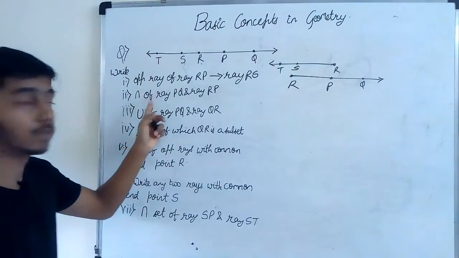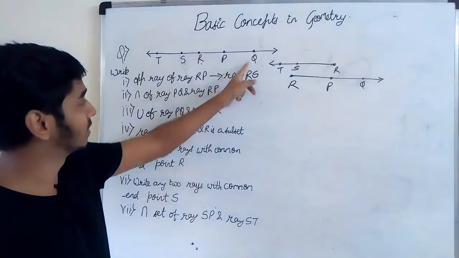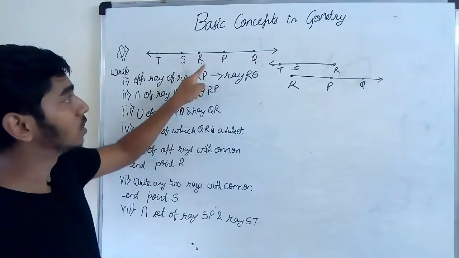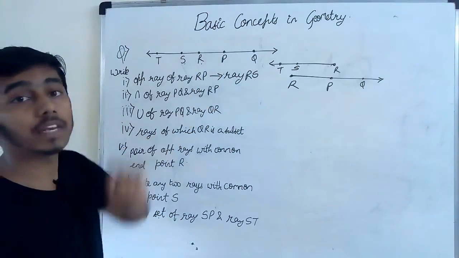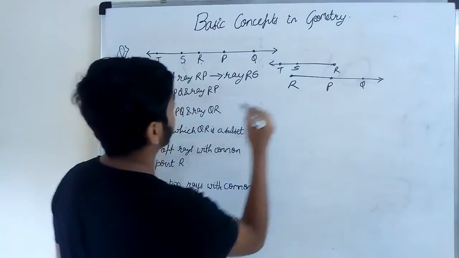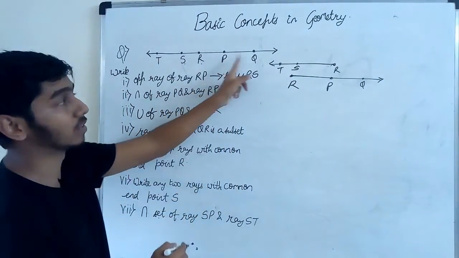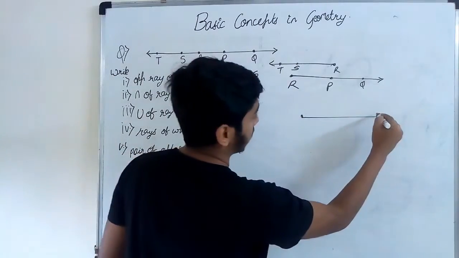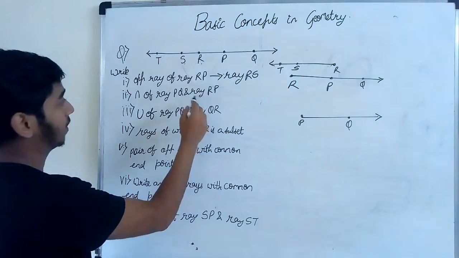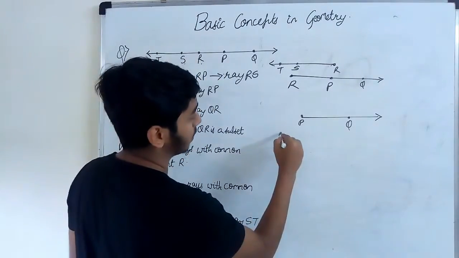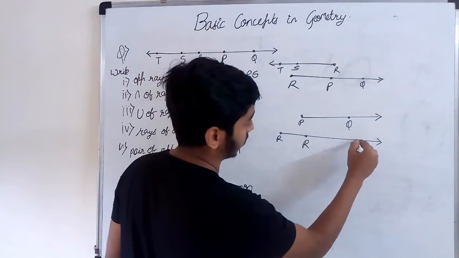Then comes the second one which says intersection of ray PQ and ray RP. So intersection of PQ and RP we need to find, correct? So if you want to draw ray PQ first, let's draw. This is P, this is Q, and ray RP, that will be, okay.